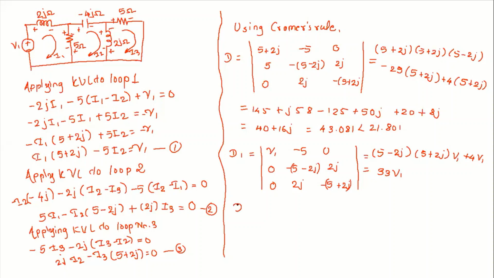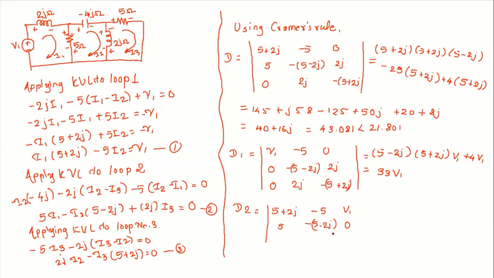Next, D2. If you go with D2, what will be the determinant? It is 5 plus 2j, minus 5 into V1, it is 5. Next to it, it is minus 5 minus 2j, 0.